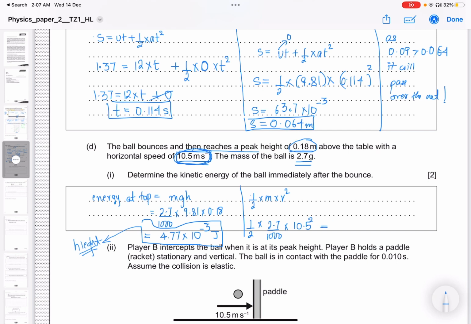So we get 0.5 into 2.7 upon 1000 into 10.5 squared, which is 0.148 joules. Adding both, 0.148 plus 4.77 into 10 raised to minus 3 gives me 0.15 joules.